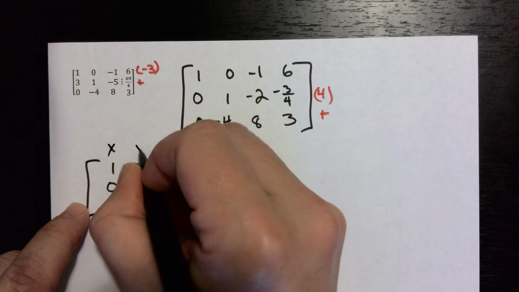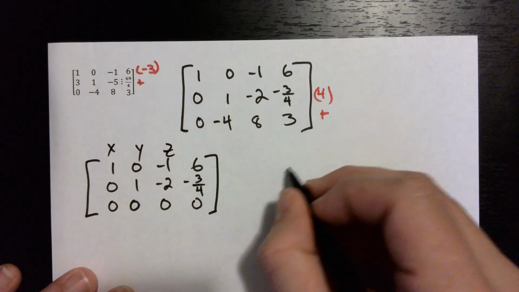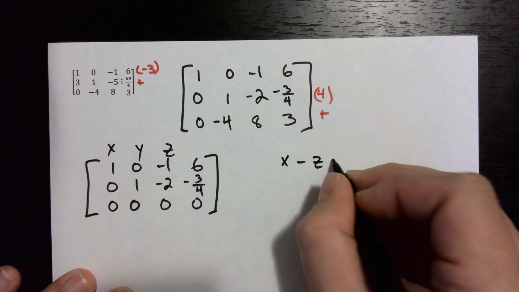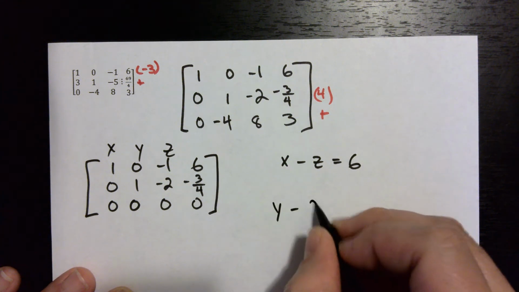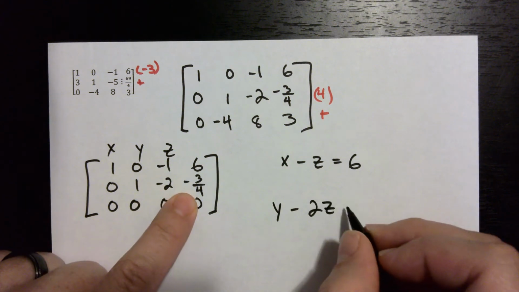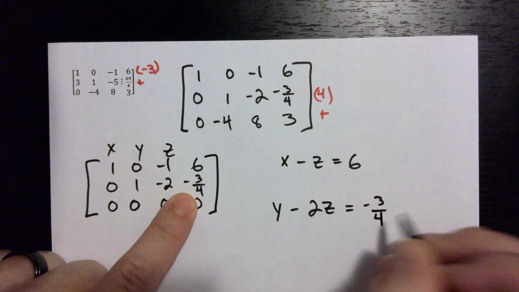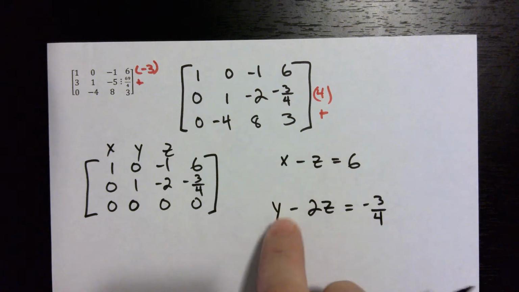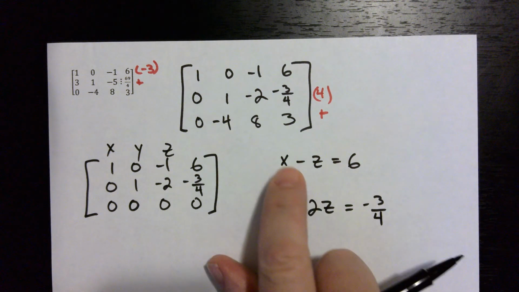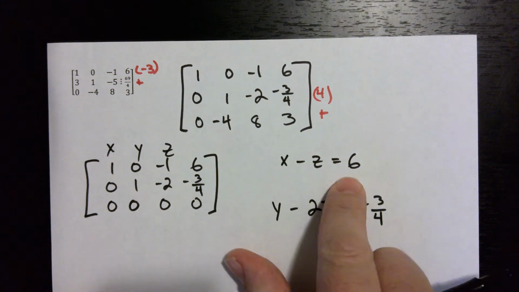Remember, this is x, y, z. So 1x, or just x, minus z equals 6. And then we get y minus 2z is equal to -3/4. Notice that I have z's in both of these, but an x in this one and a y in this one. So we're going to solve for x and solve for y and put them in terms of z.